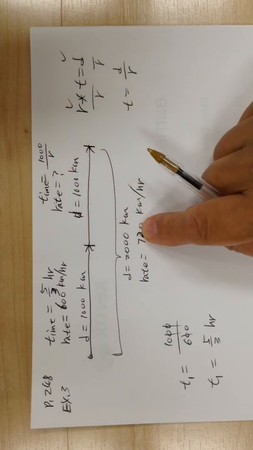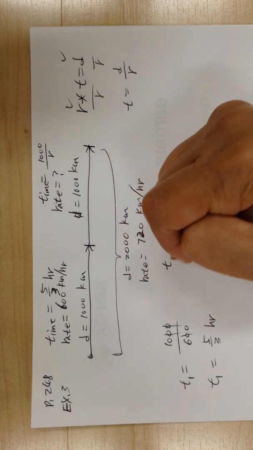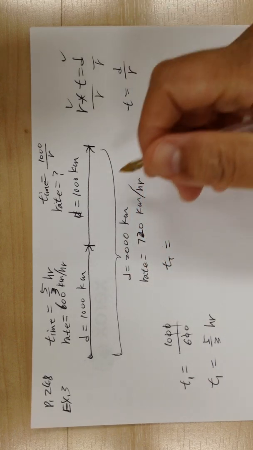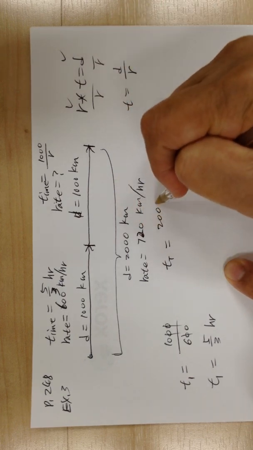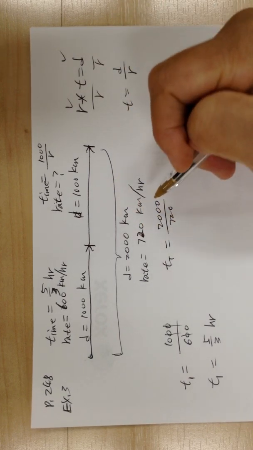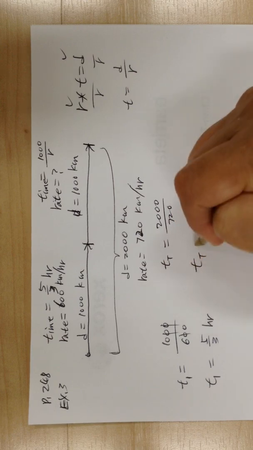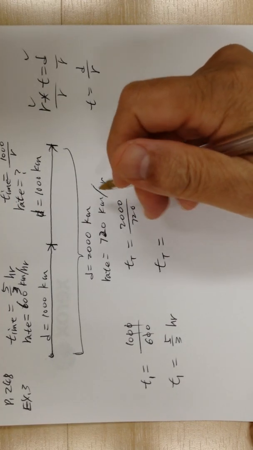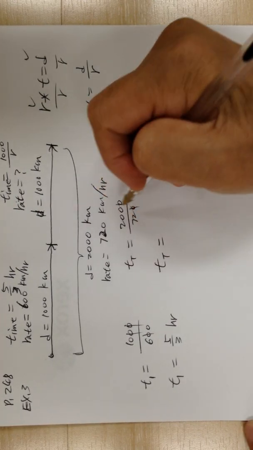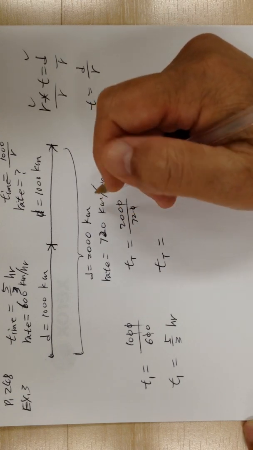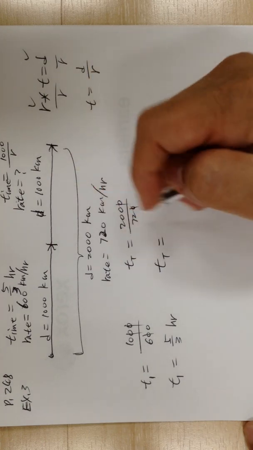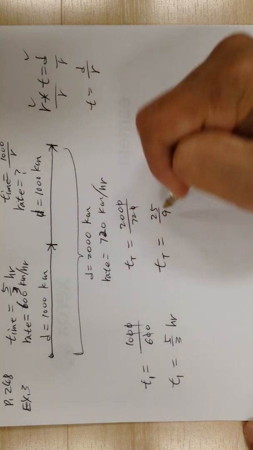But this one we can do the same thing. The total time would be equal to the distance divided by r. So we can cancel things out, and when you reduce, you're going to get 25/9, right?